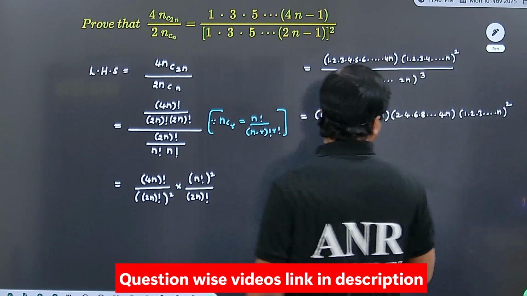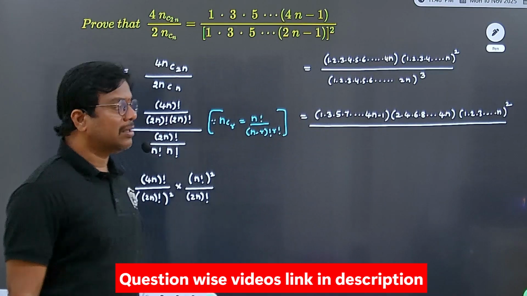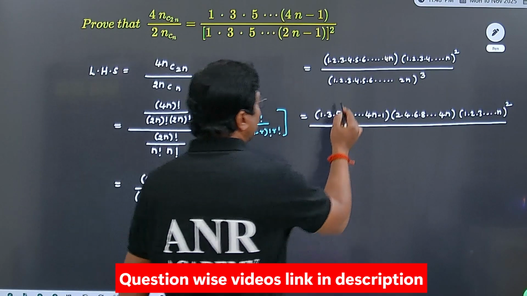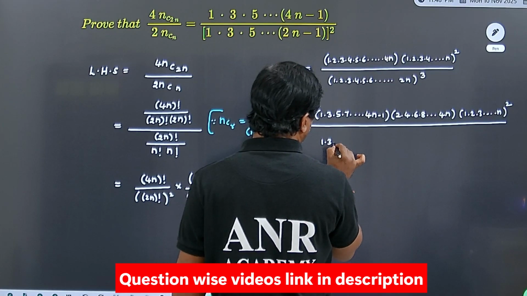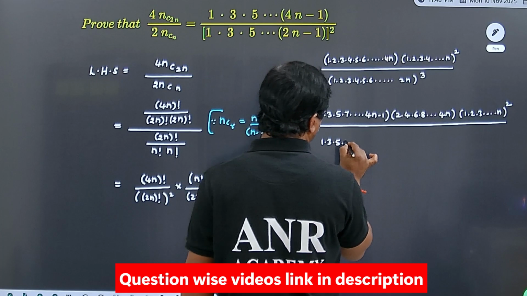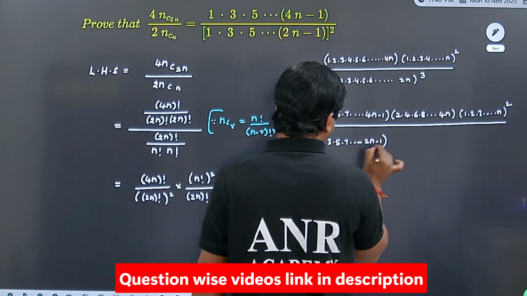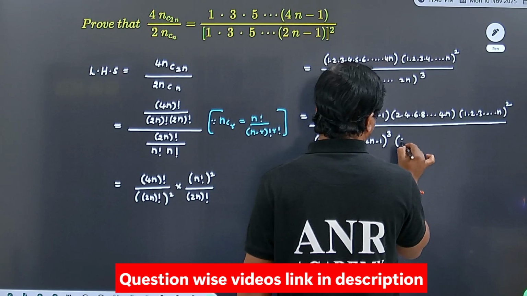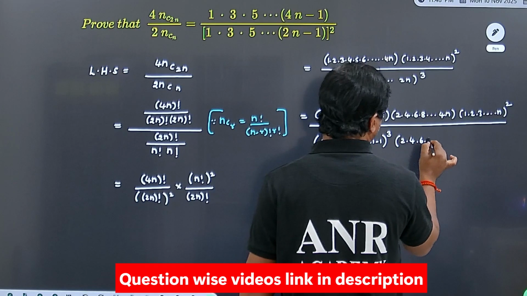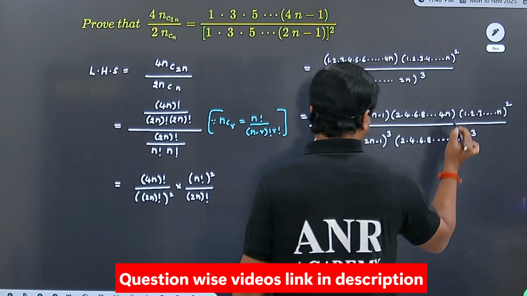Next, in the denominator part, if you take odd numbers 1, 3, 5, 7 and so on 2n minus 1, for which whole cube, you have. Next, even numbers 2, 4, 6, 8 and so on 2n, whole power 3.